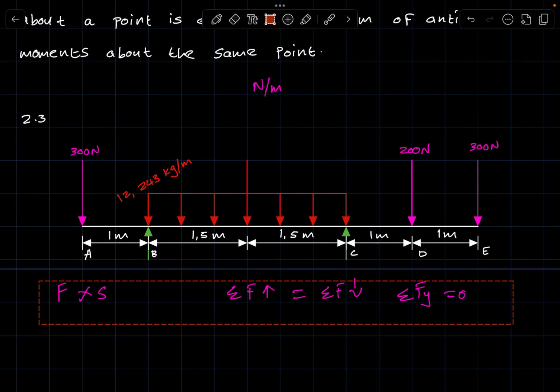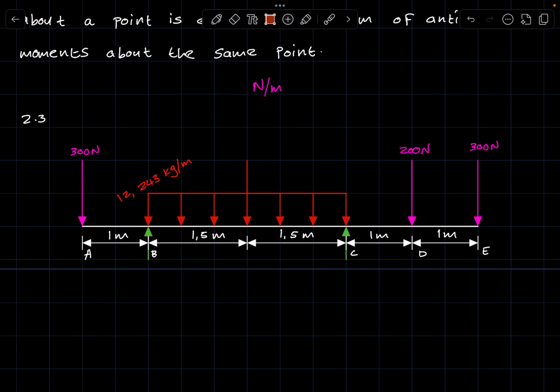when you have a UDL, however it is expressed, you must resolve it into its weight component, right? So remember, the weight of anything always acts at the center of its span. So you always have to resolve this into its weight component. The weight component would be in newtons, hence you can use that in applying conditions of equilibrium.